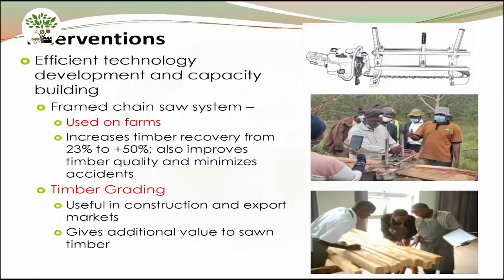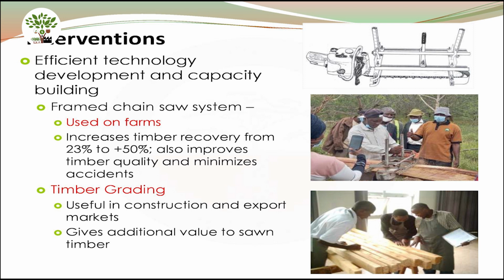So to enhance supply of forest products and maintain surpluses in future, one is through promotion of efficient timber processing technologies. One way is using the frame chainsaw system, and this is used on farms. We've seen that many people use freehand on the power saw. And when you use a freehand on the power saw, you'll find the size of timber at the beginning of your sawing to the end will not be the same.